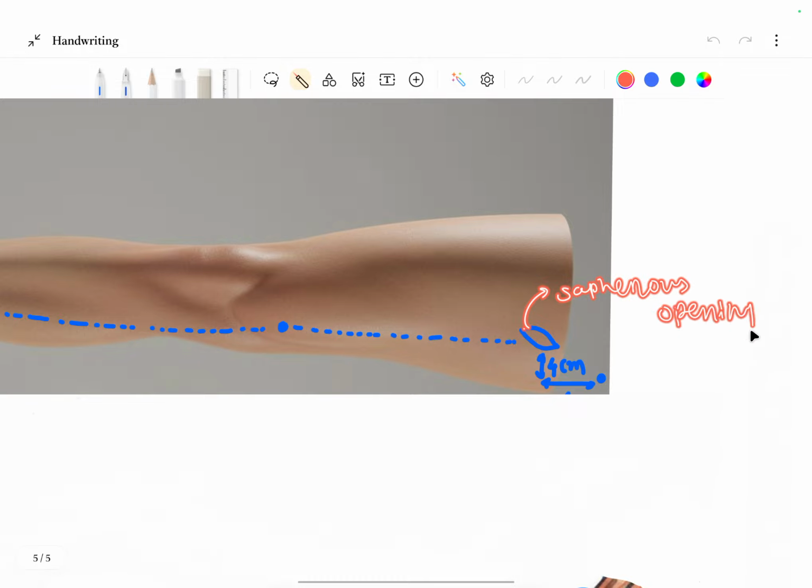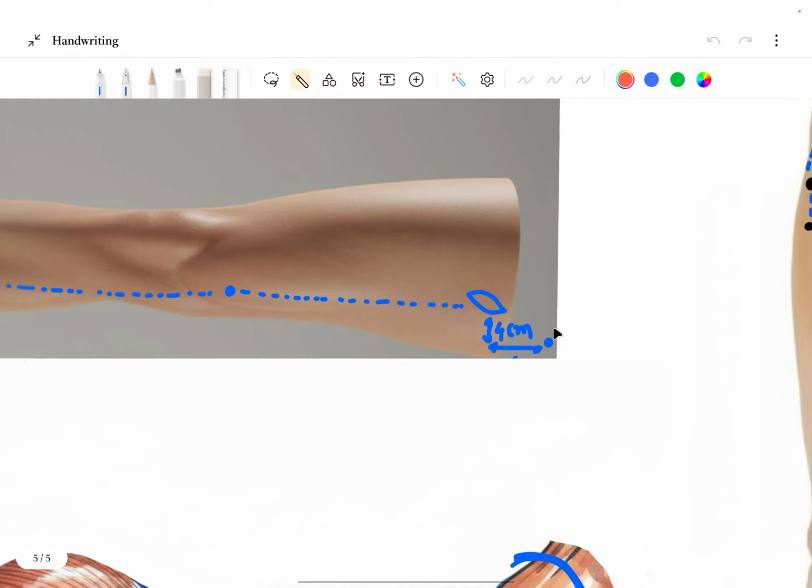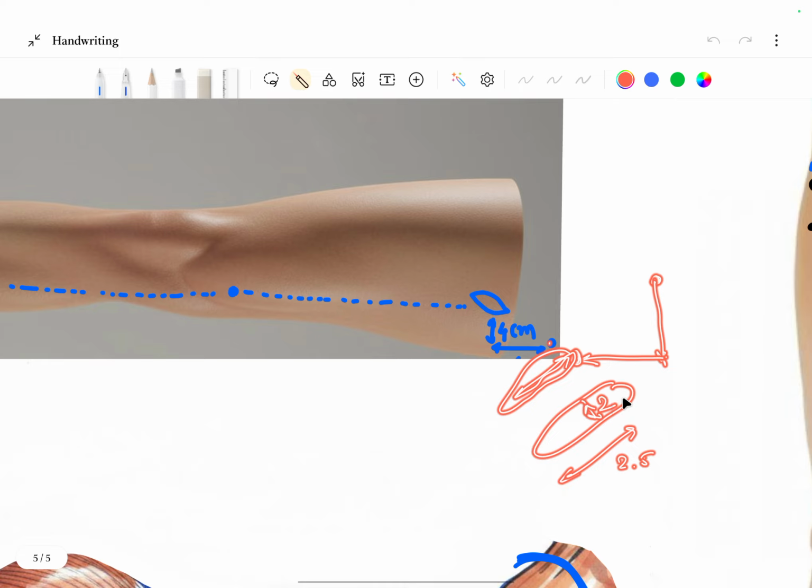Now how will you draw the saphenous opening? Suppose this is your pubic tubercle. From the pubic tubercle, 4 centimeter downward and 4 centimeter lateral, here is your saphenous opening. It is arranged like this laterally, its length is around 2.5 centimeter and its width is around 2 centimeter.